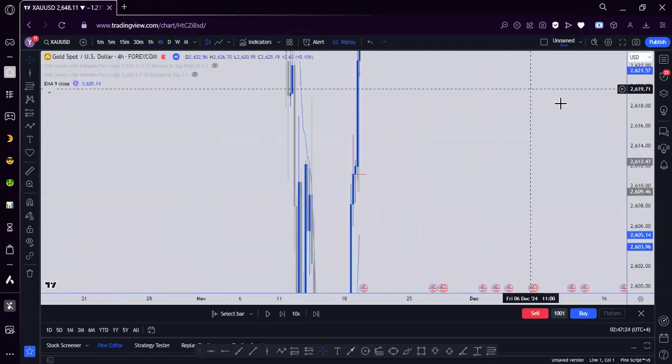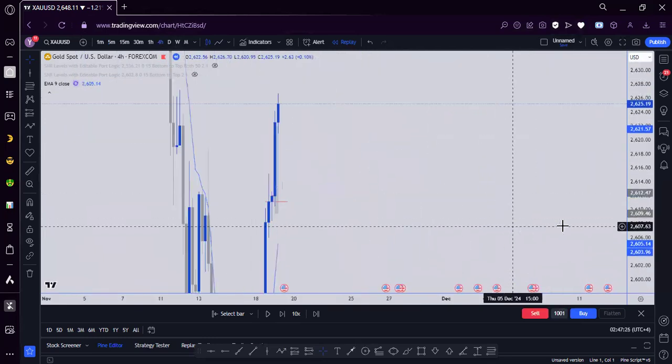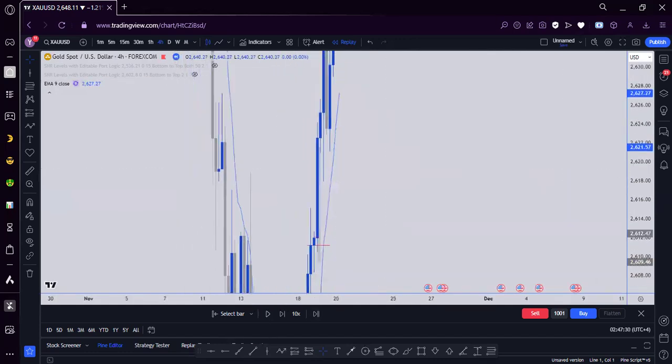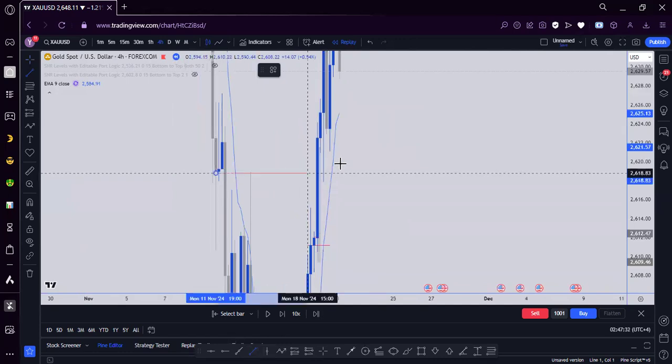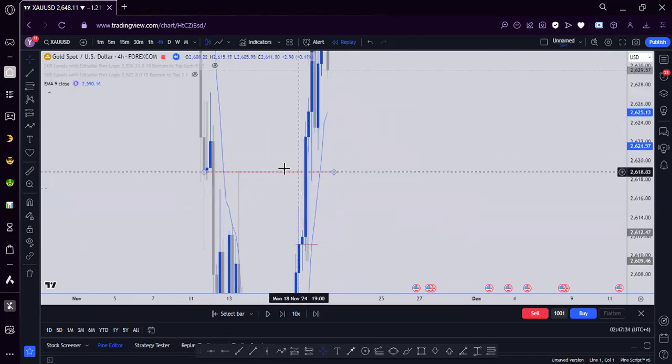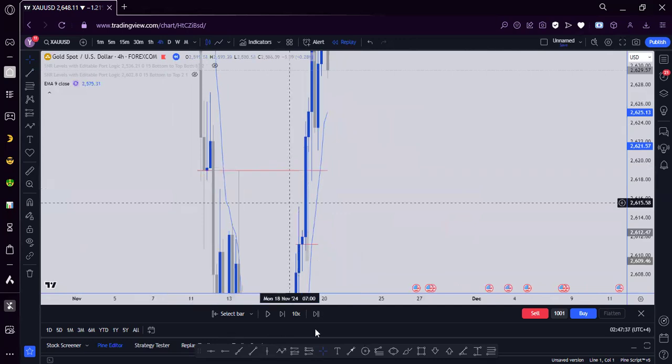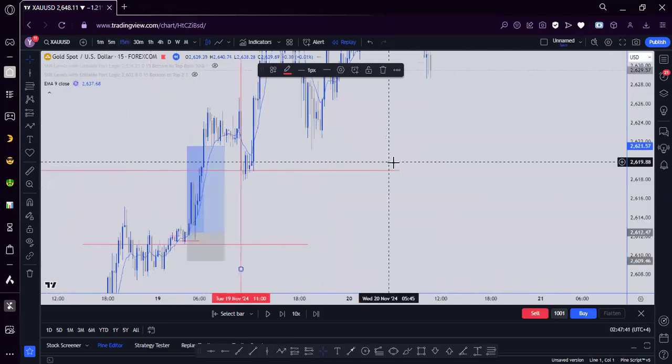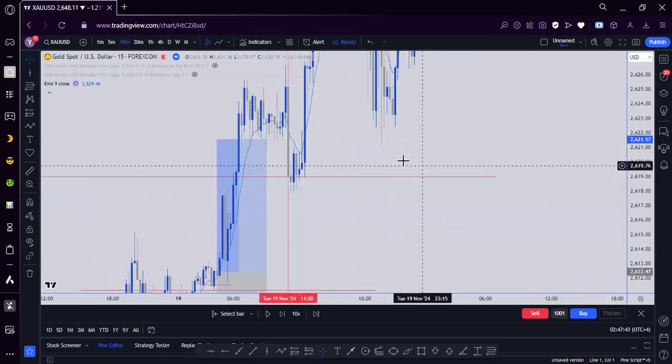Now let's see another week, another day, another 4-hour reject 4-hour. Let's put our line looking for the breakouts.